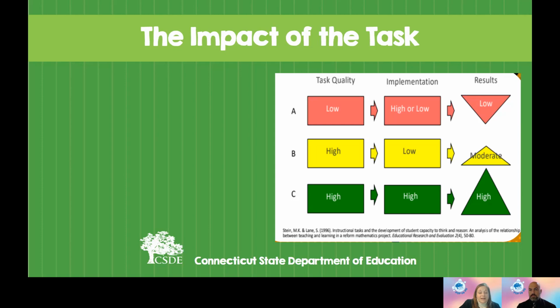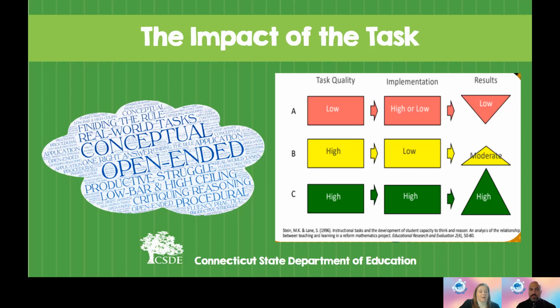Combine a high quality task and great implementation and students will have high results. Note, this does not say they will have great results if they come from an affluent zip code, or they will have great results unless they're English learners. No. High quality tasks are instrumental in good teaching and will support learning for all of our students.